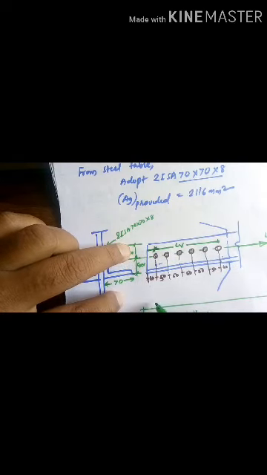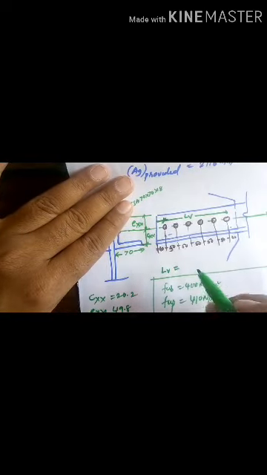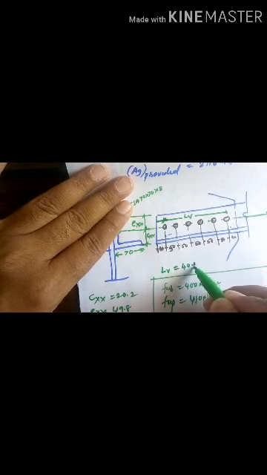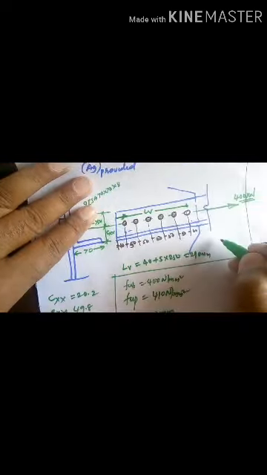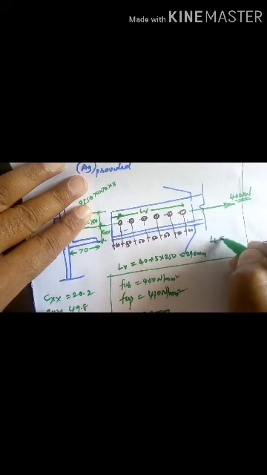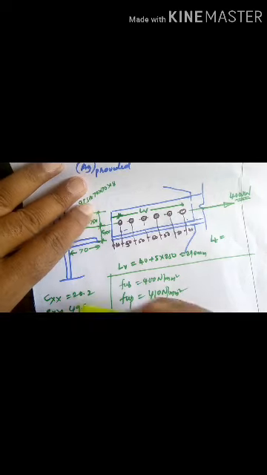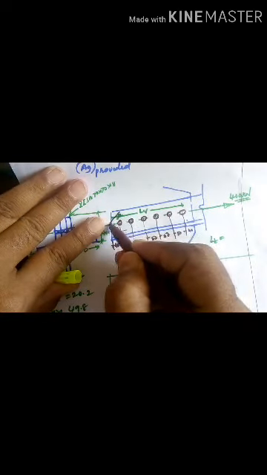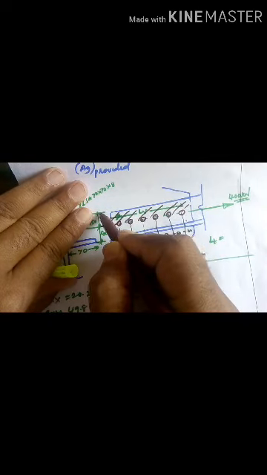How much is Lv? Lv will be 40 plus 5 into 50, so you get 290 mm. Then how much is Lt? Lt is this distance, under tension.